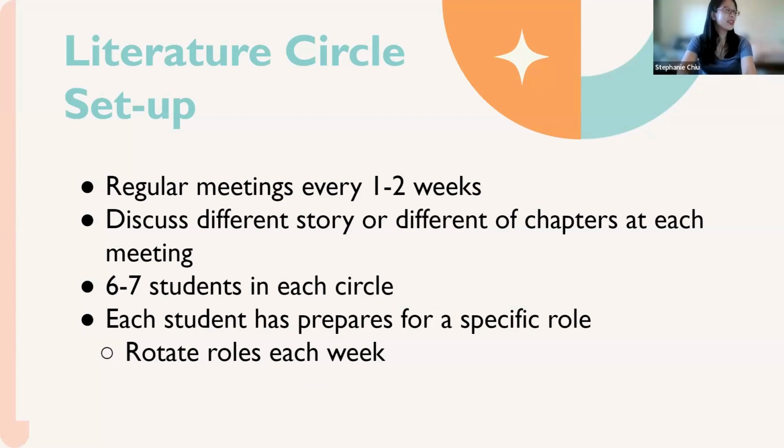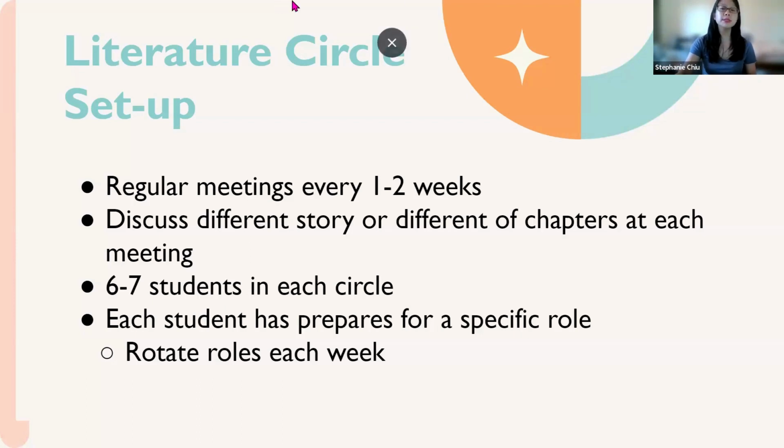Thank you, Sandra. So when you're trying to set up a literature circle with your own students in your classrooms, what's important to keep in mind is the students need a lot of practice with this, practice with the protocol, practice with discussion. So you'll want to have regular meetings. I would suggest regular meetings every 1 to 2 weeks. This allows for the students to get practice.